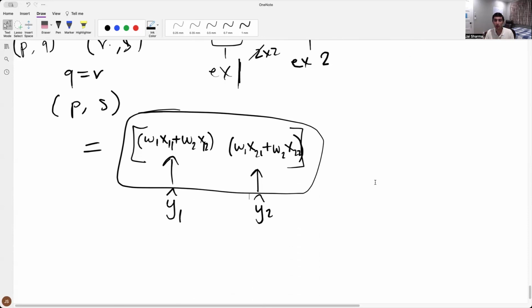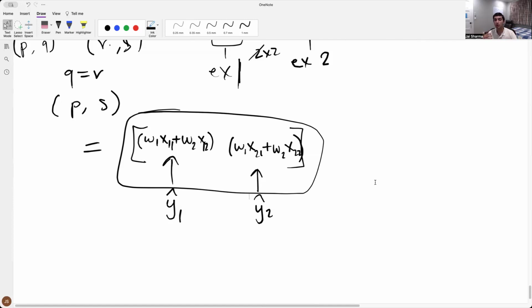And so that's why I encourage you to think about this more in terms of vectors and matrices rather than individual examples. But when you're thinking about derivations like the cost function derivative and other things like that, I think it's helpful to think about just one example at a time, and then it extends easily to other examples. But when you're thinking about your data set as a whole, you shouldn't be thinking about just one example.